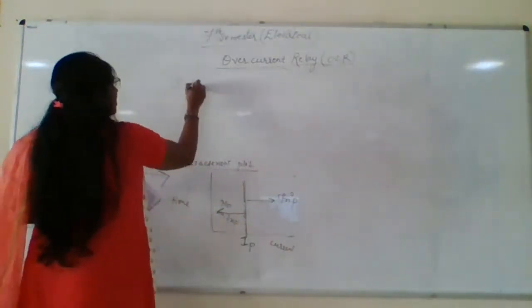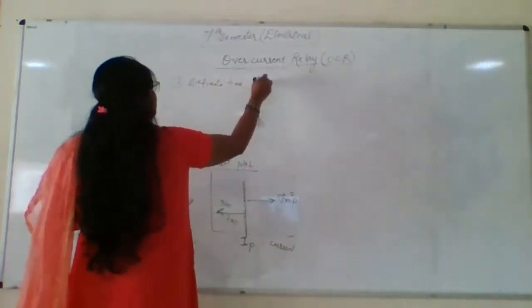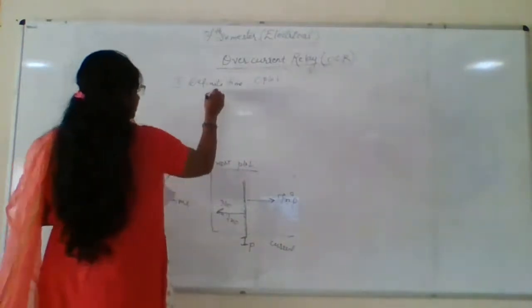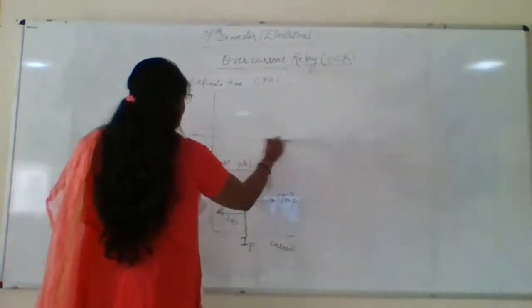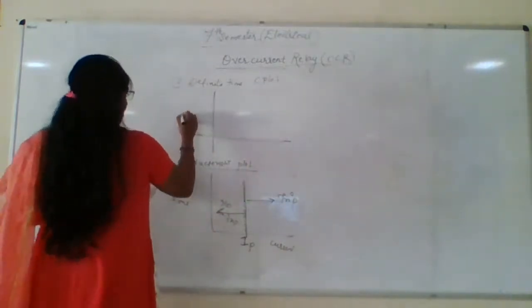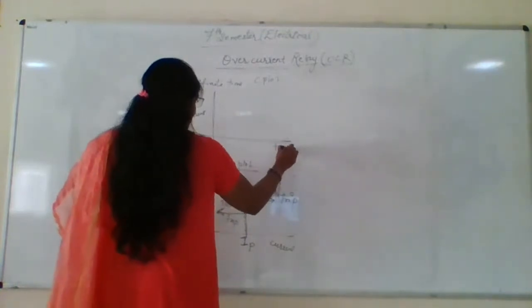Second, for definite time. Definite time characteristics plot. So here again, it is between current and time.